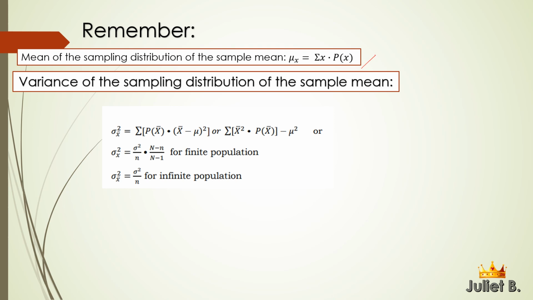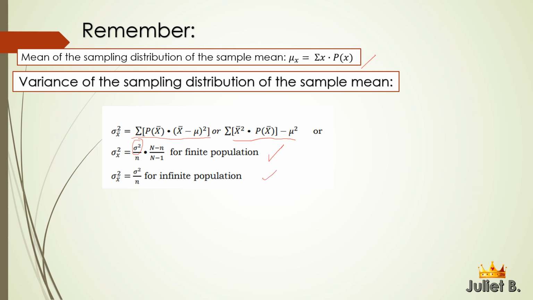And the variance of the sampling distribution of the sample mean is equal to this, which we used earlier, or it can also be this. If you already have the variance of the population, you can use this if the given is a finite population. Finite meaning it has a fixed number of population.